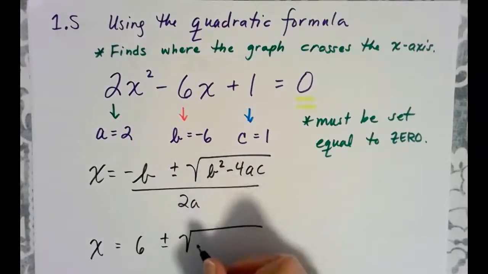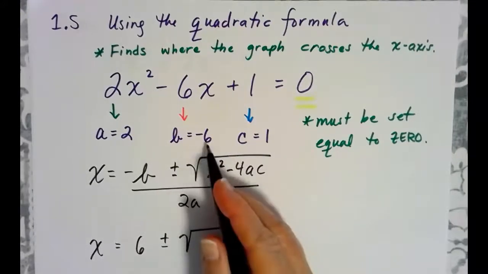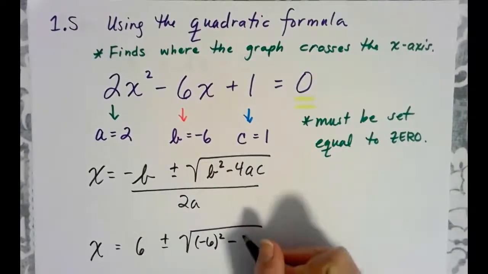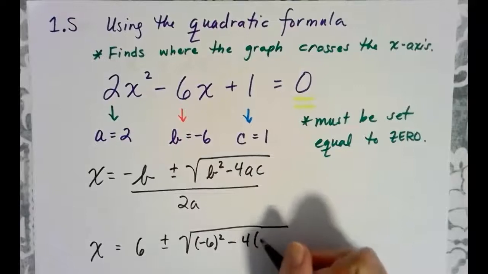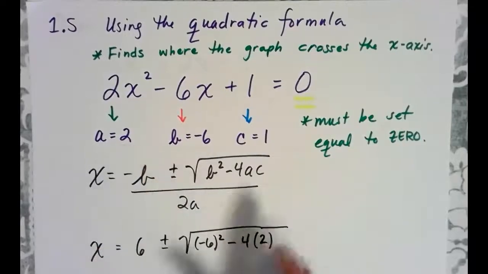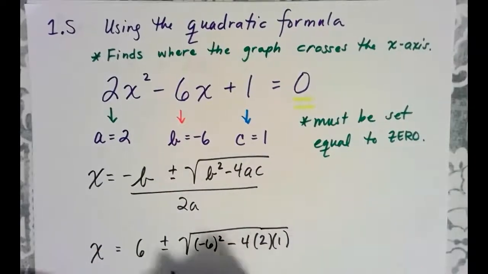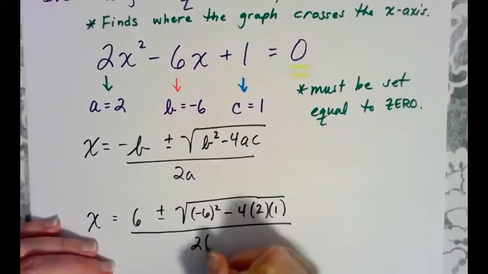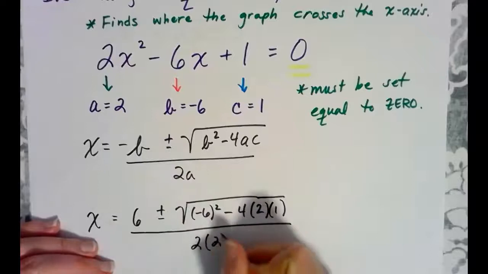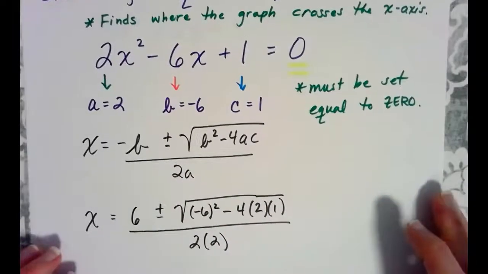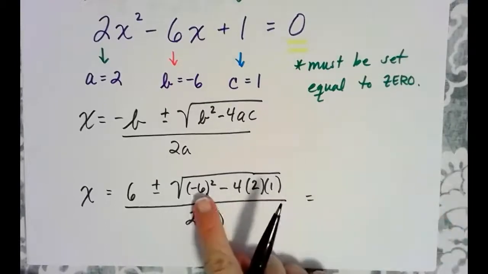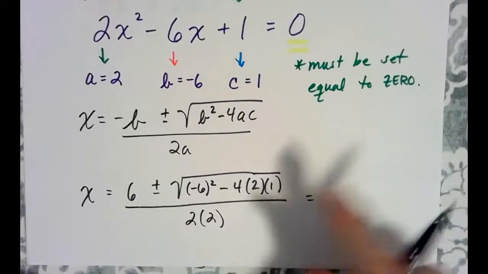B squared. So that, of course, is -6. So that's -6 squared minus 4 times a, which is 2, times c, which is 1, all over 2 times a. So let's start simplifying, and of course we're following order of operations. So we're going to do everything underneath the radical first.